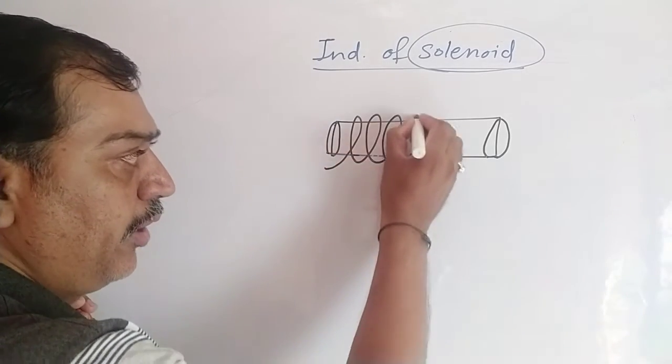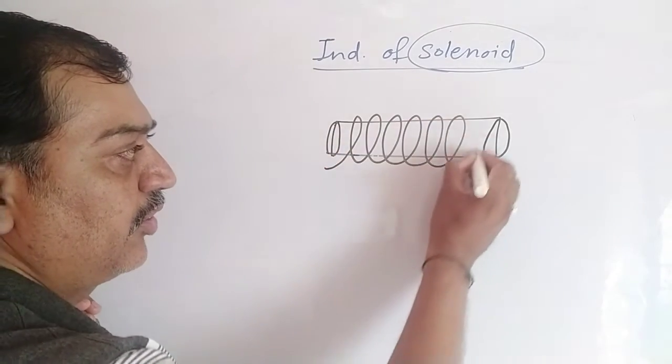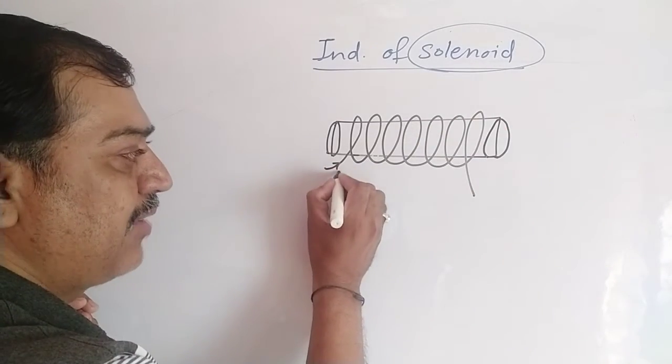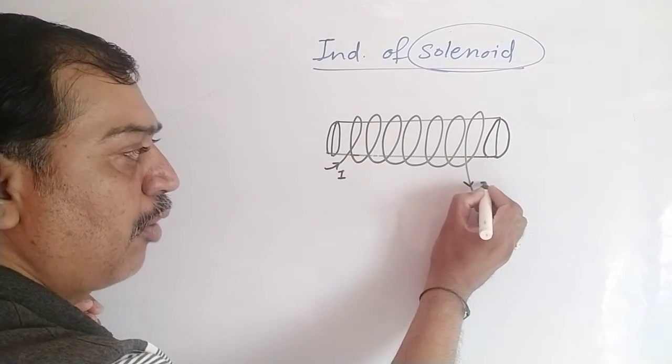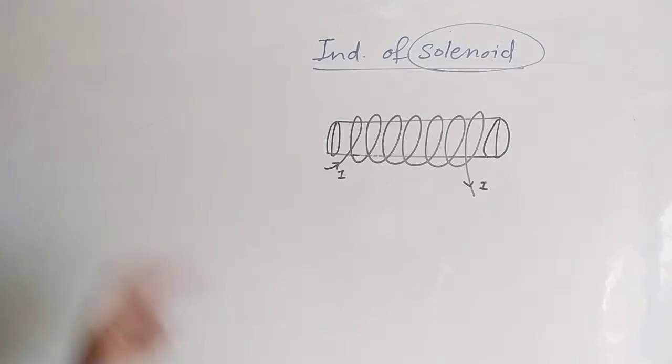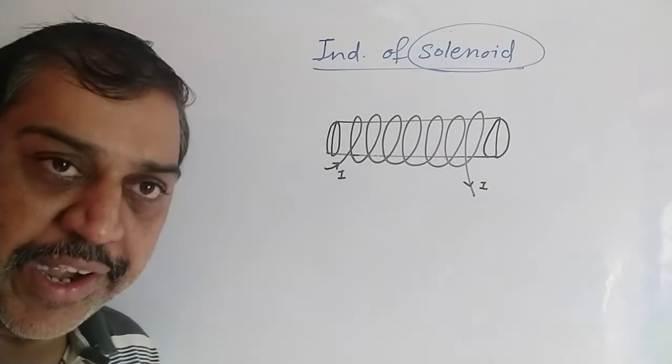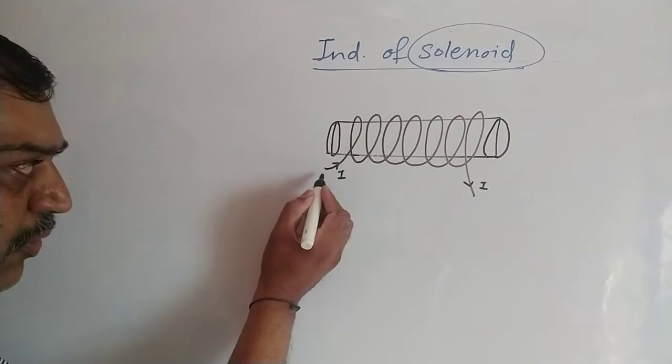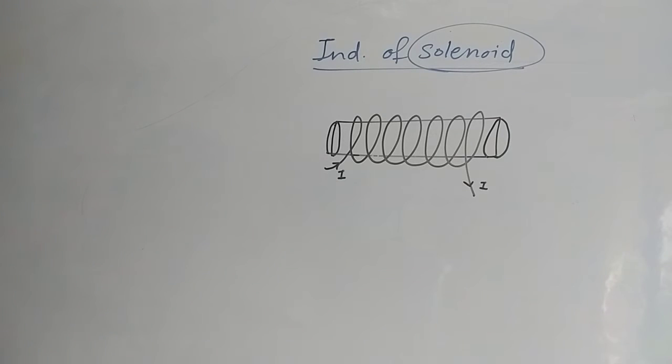So 2 turns, 3 turns, 4 turns, 5 turns, 6 turns, 7 turns. Current passes in from one end and leaves from the other end. This resultant thing is said to be a solenoid. When current passes through this coil, according to Faraday's law, EMF is induced, and due to that induced EMF, a current is induced which produces a magnetic field in the exactly opposite direction.